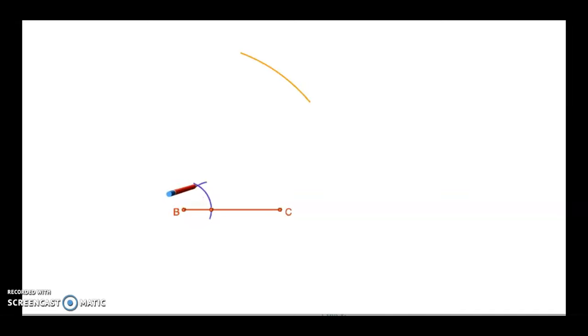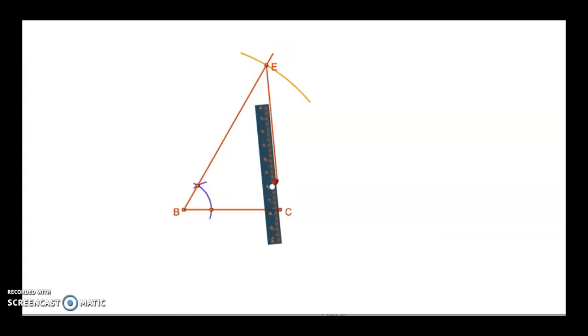So, let us mark the point of intersection and join it with B and extend it still further to intersect the arc which we have drawn earlier, and mark the point of intersection as E. Let us join E and C. Now children, what we got is a triangle with the given base BC equal to 7 centimeters.